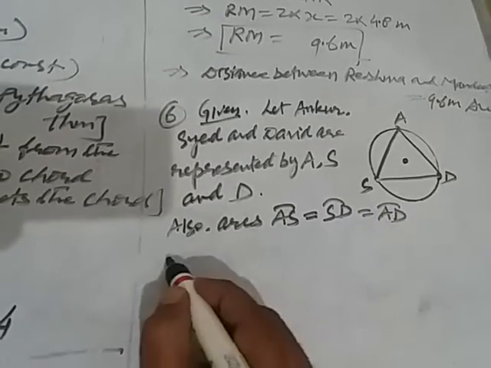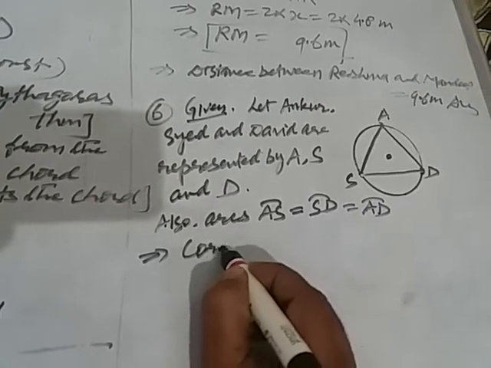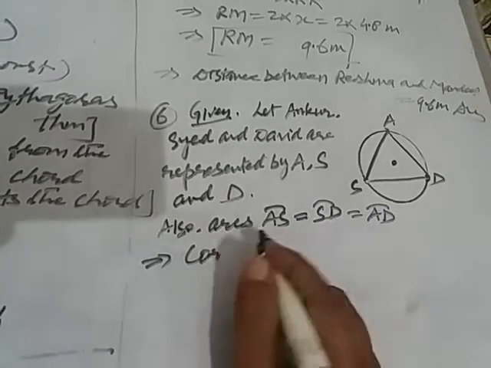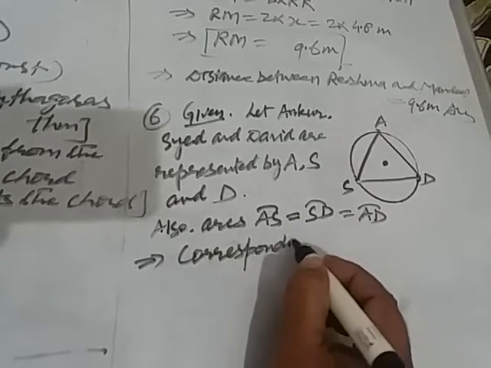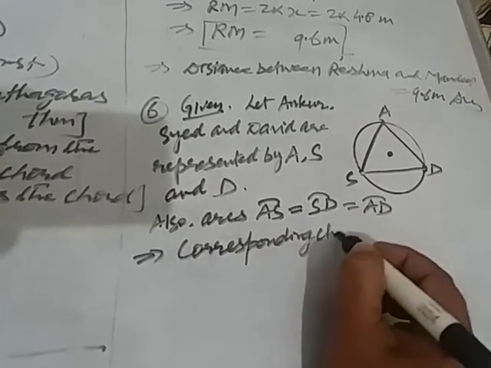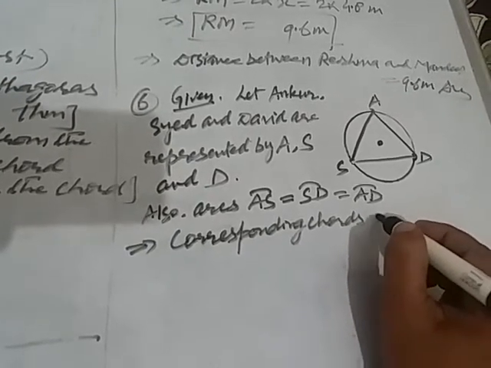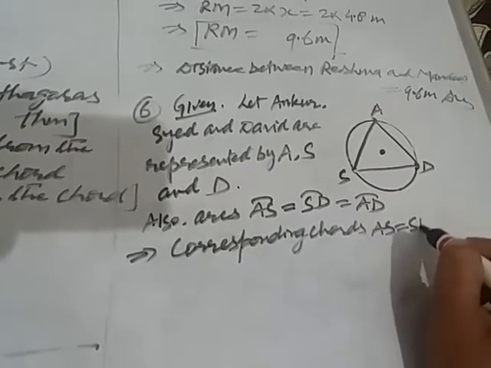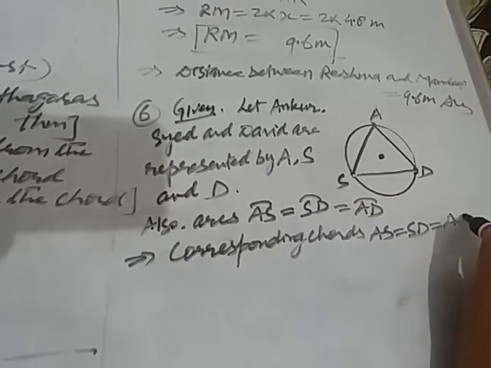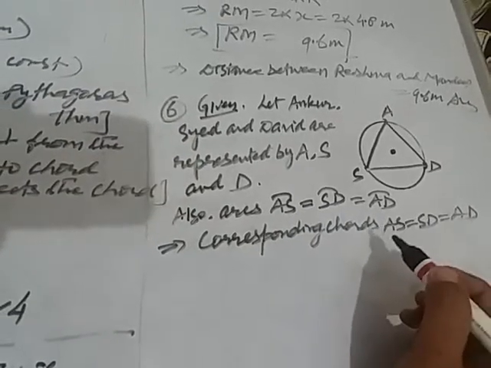This implies that the corresponding chords, line segments AS equal to SD equal to AD, are equal. Right?